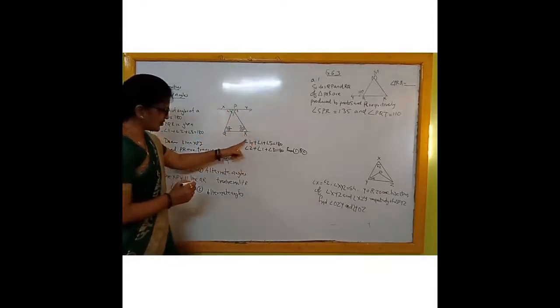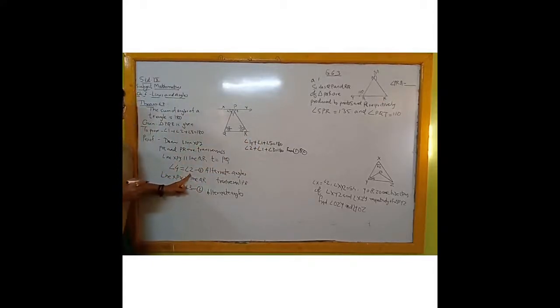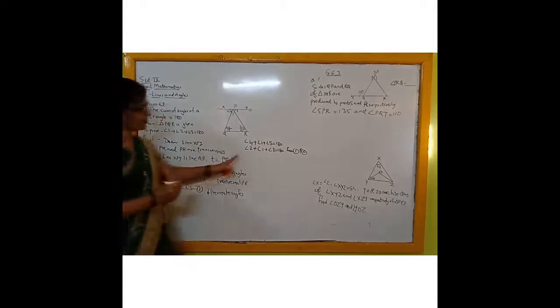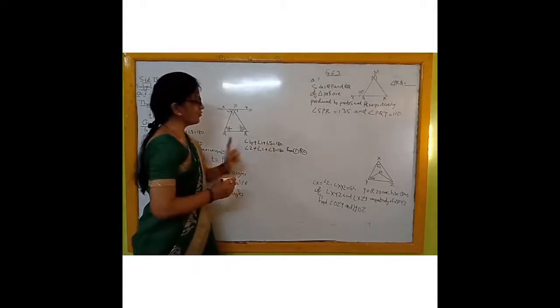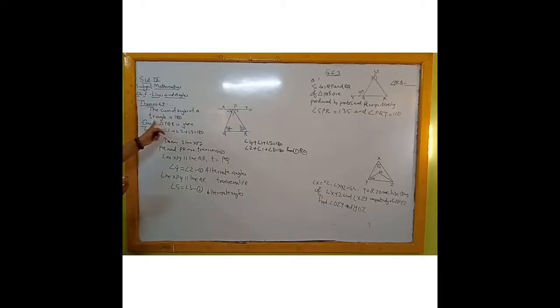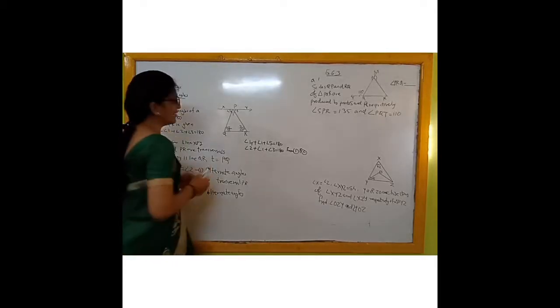Therefore substitute the value of angle 4 and angle 5. The value of angle 4 is angle 2, and that of angle 5 is equal to angle 3. So angle 2 plus angle 1 plus angle 3 is equal to 180. So this we have proved. This is the statement: the sum of angles of a triangle is 180. Now this is theorem 6.7.